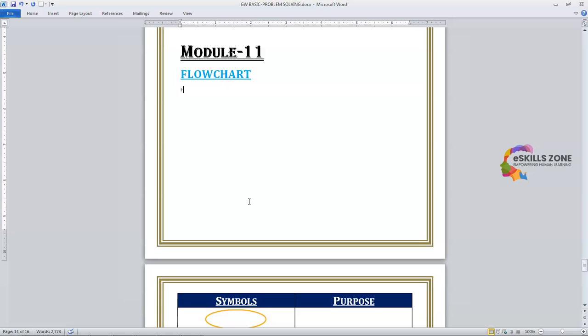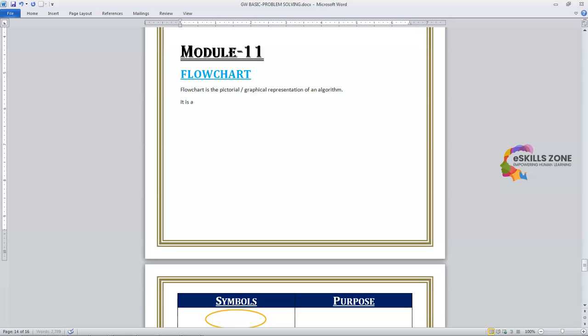So we are going to learn the definition. First of all, flowchart is the pictorial, or sometimes we can call it graphical, representation of an algorithm. So this is the definition.